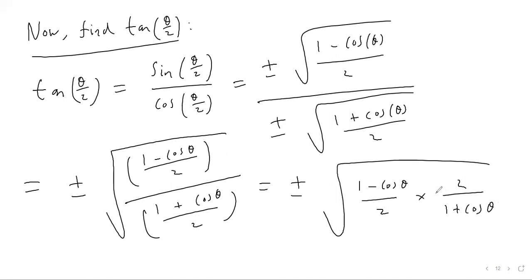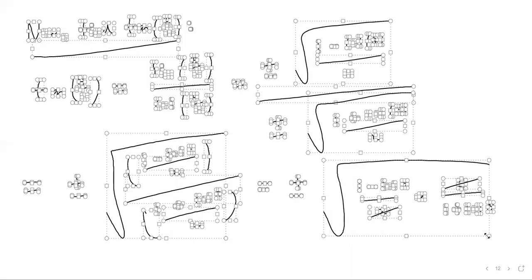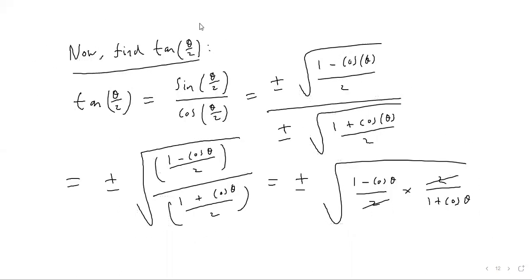And then what we see now is that the 2's cancel out, so 2 divided by 2 is obviously the number 1. So you do get this result here. So this is equal to plus or minus the square root of 1 minus cos theta over 1 plus cos theta.